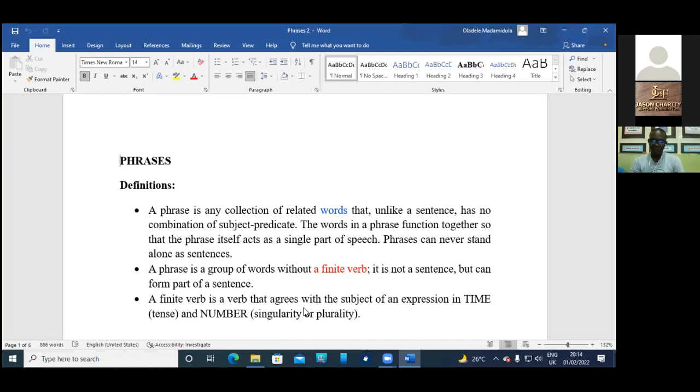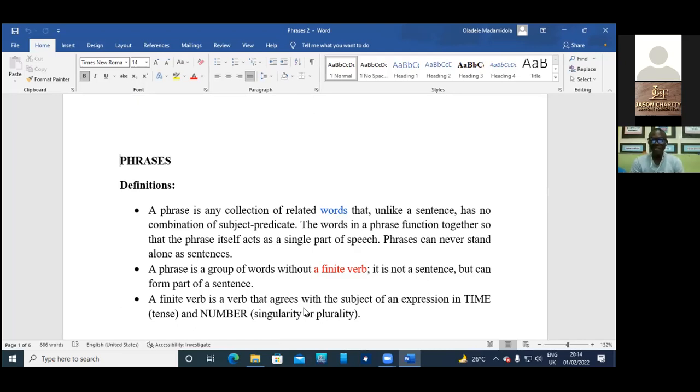So if a verb agrees with the subject of a sentence in time, then it shows us whether the action is in the present or in the past tense, or far in the past.